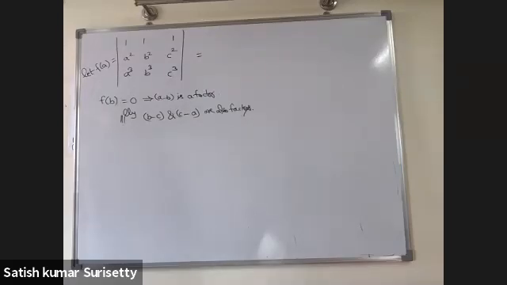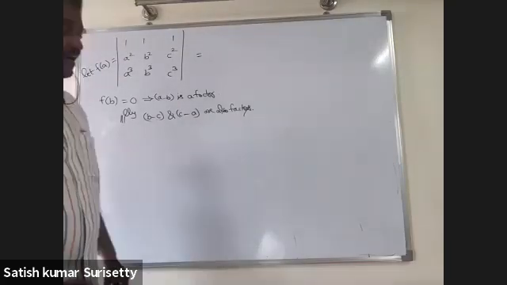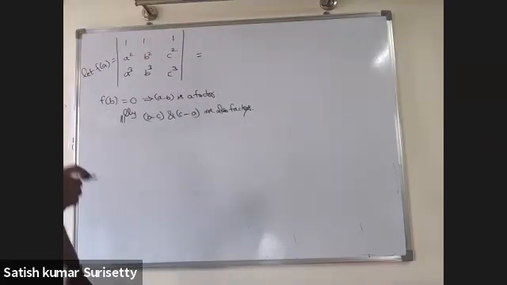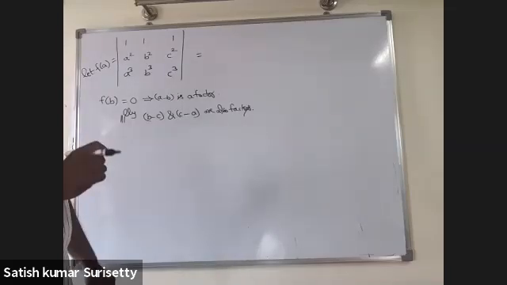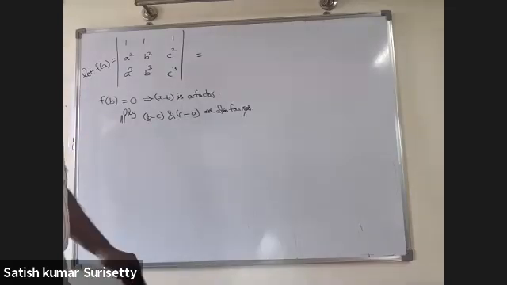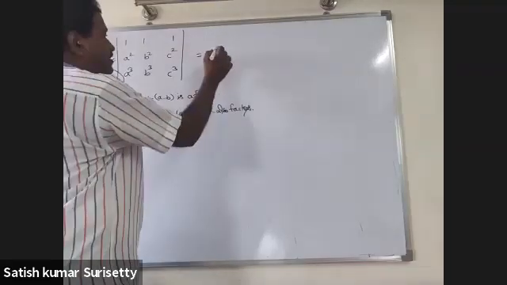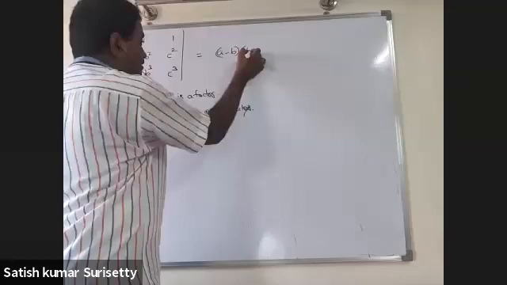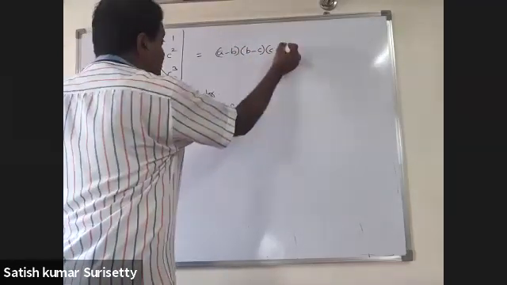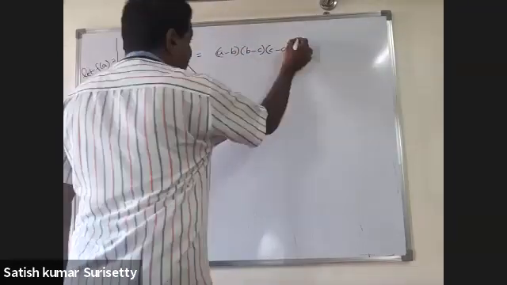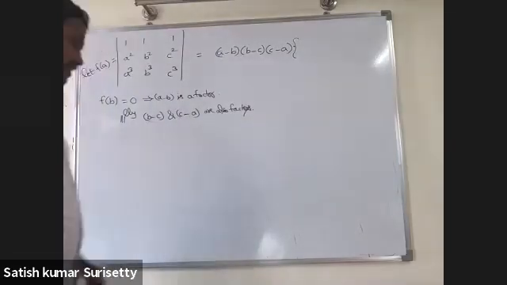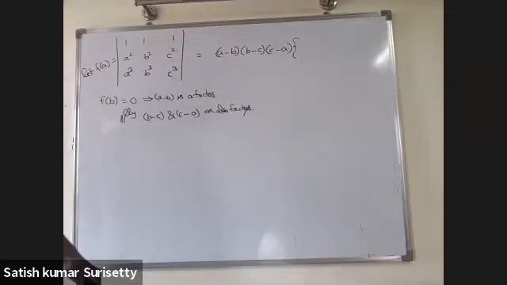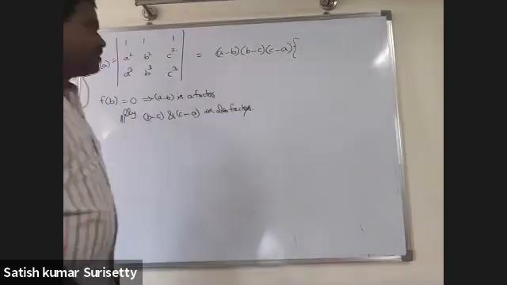When you are writing a factor of degree 2, you should write it in such a way that when I replace a with b, b with c, c with a, it should remain the same, as well as have all possible terms. So one more factor of degree 2 which should contain all possible terms.